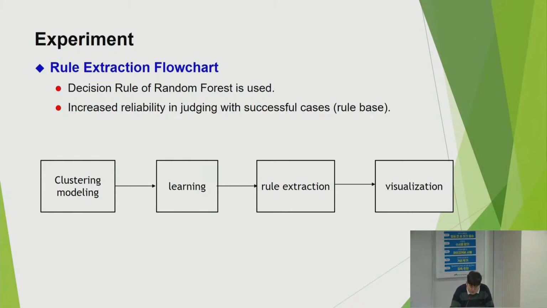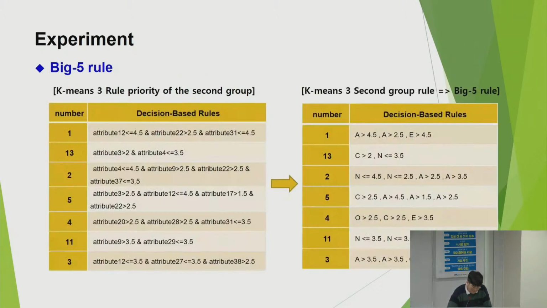In this study, in order to discover the properties of the groups created through clustering and the rules of similarity included therein, decision-making rules were created and extracted using a random forest among supervised learning. It is highly reliable because it is judged based on successful clustering cases.